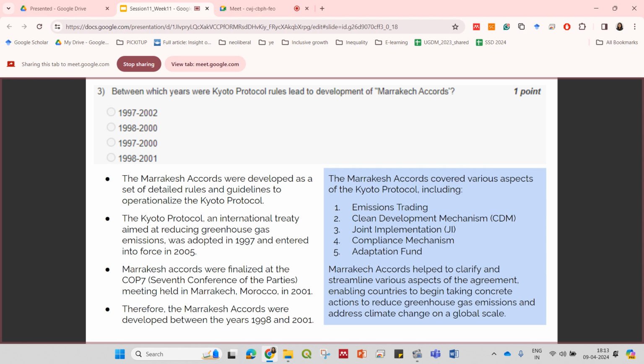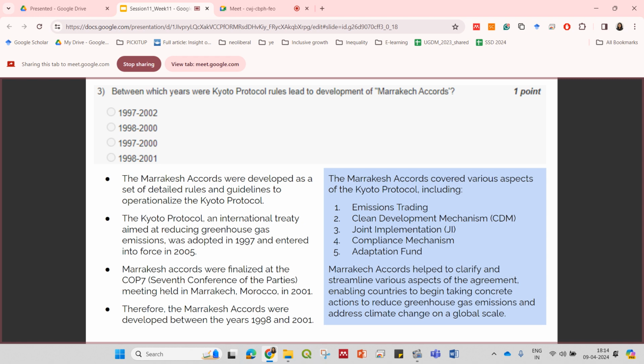So as we all know, the Kyoto Protocol was adopted in 1997. So the Marrakesh Accords were developed after the Kyoto Protocol. So our answer would be from 1998, and also the Marrakesh Accords were finalized at COP7, or the seventh conference of parties in Marrakesh, Morocco, which was held in 2001.